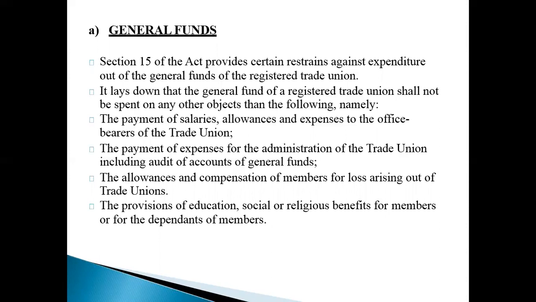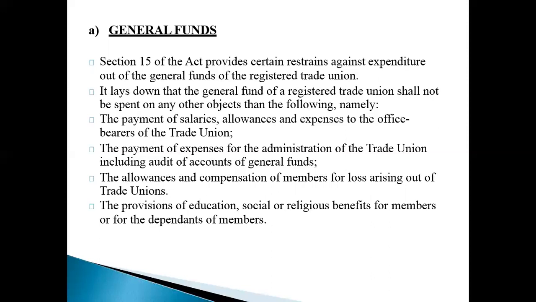So what different kinds of restraints, in the sense of restrictions, are there over the expenditure of the general fund of registered trade unions? That is mentioned under section 15. So what are the different kinds of objects? The first is the payment of salaries, allowances, and expenses to the office bearers of the trade union.